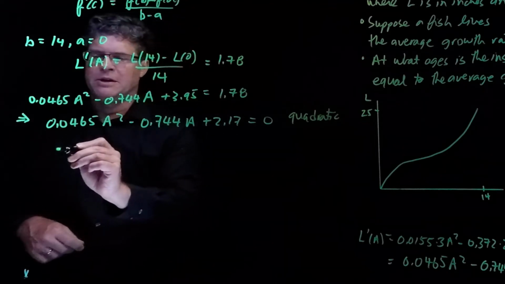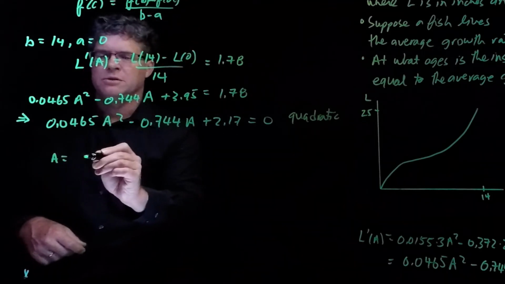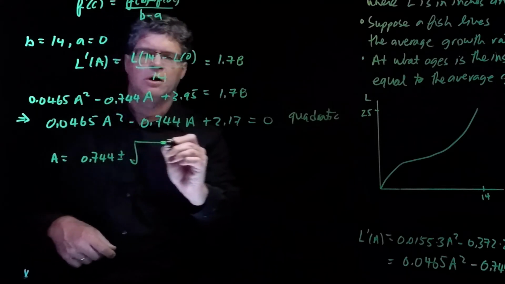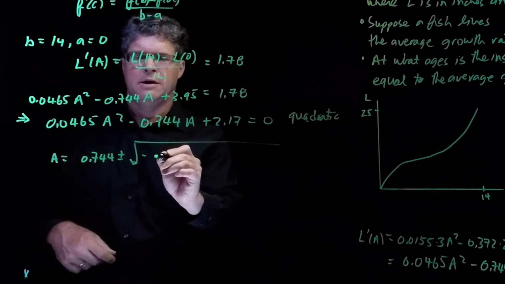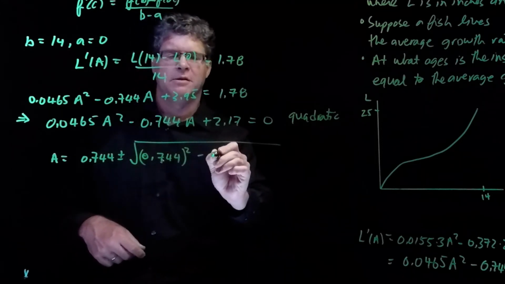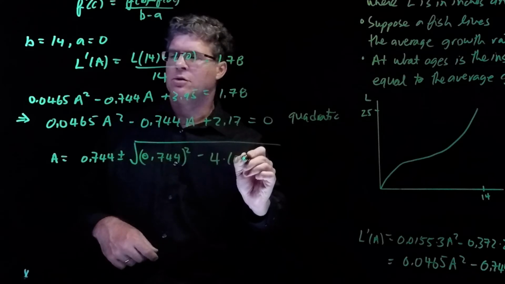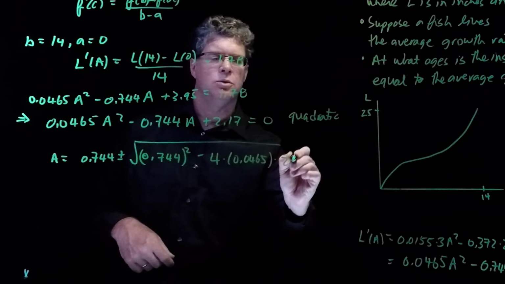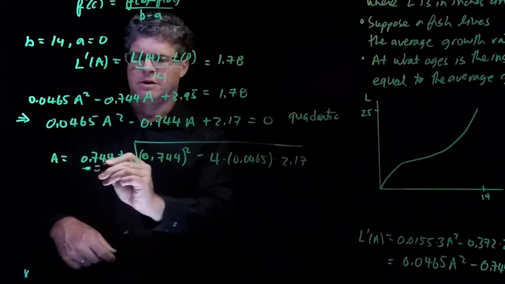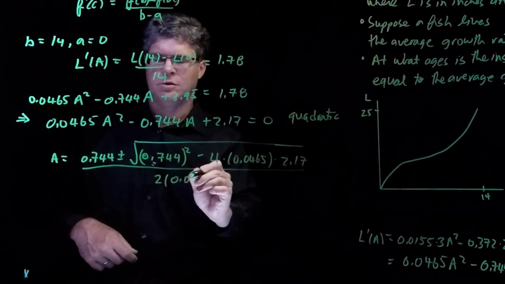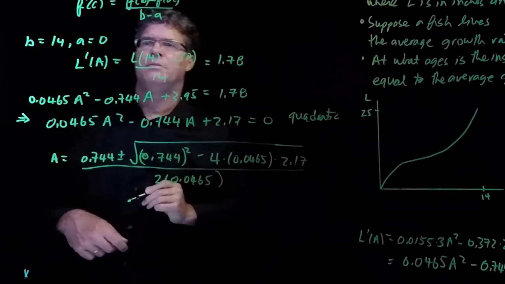The quadratic formula gives a is equal to 0.744 plus or minus the square root of 0.744 squared minus 4 times 0.0465 times 2.17, divided by 2 times 0.0465.